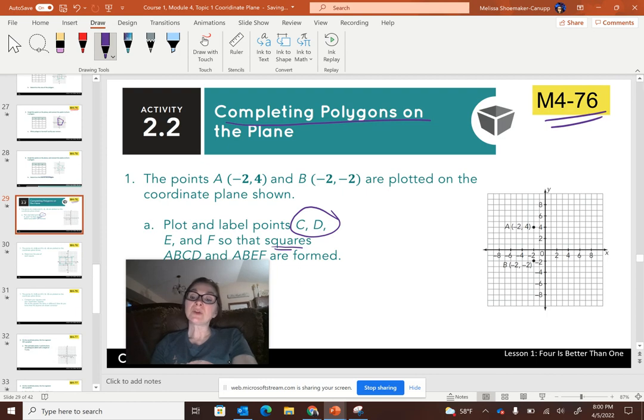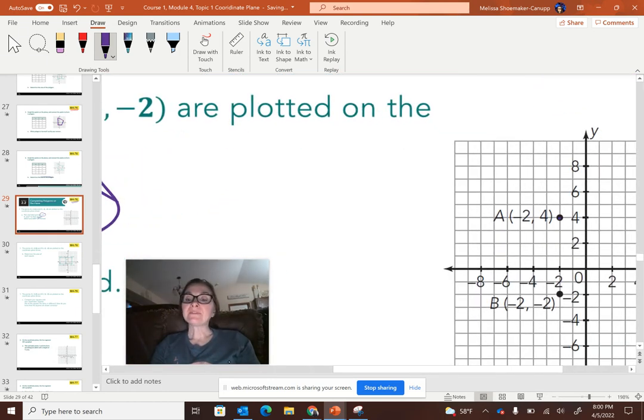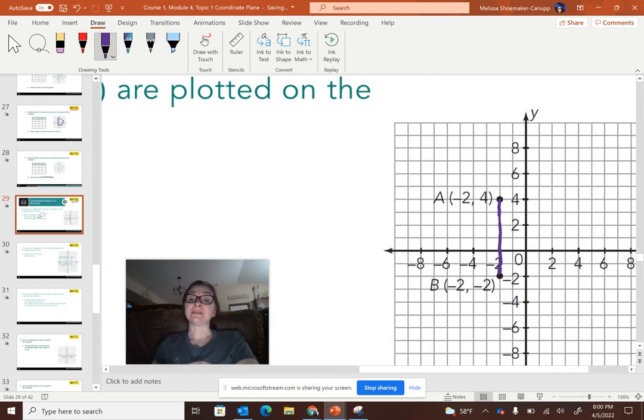So this is where we have to really kind of, I'm going to see if I can zoom in on this. I have to count and see how long this side is. 1, 2, 3, 4, 5, 6. So we kind of have to know the distance because what do we know about a square? All the sides have to be the same. So I'm going to count out 6. 1, 2, 3, 4, 5, 6.